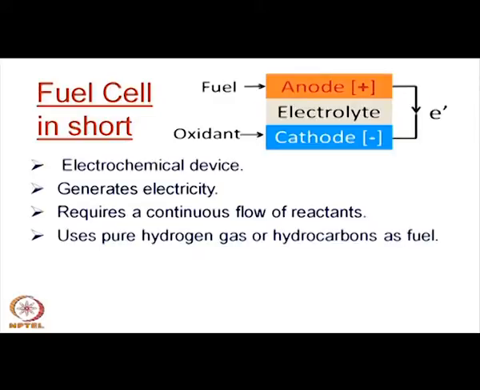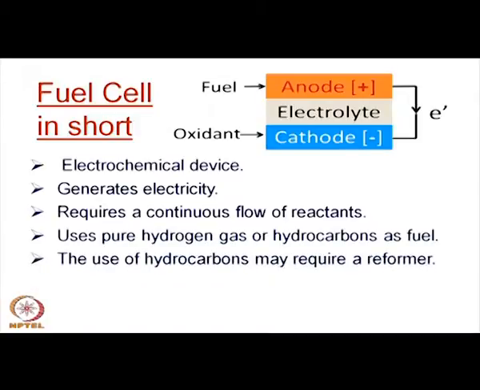Uses pure hydrogen gas or hydrocarbons as the fuel. So, depending on the particular variety of fuel cell, it may use hydrogen or hydrocarbons which can be burnt electrochemically. The use of hydrocarbons may require a reformer. Ultimately, the hydrocarbon has to be catalyzed, or it has to be dissociated into a mixture of hydrogen and carbon monoxide or some other hydrocarbon.